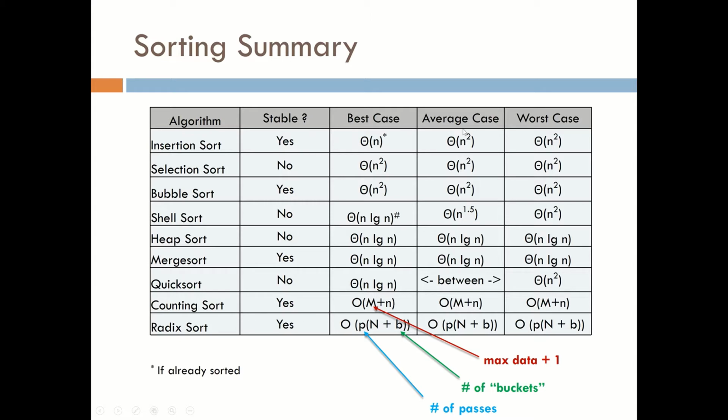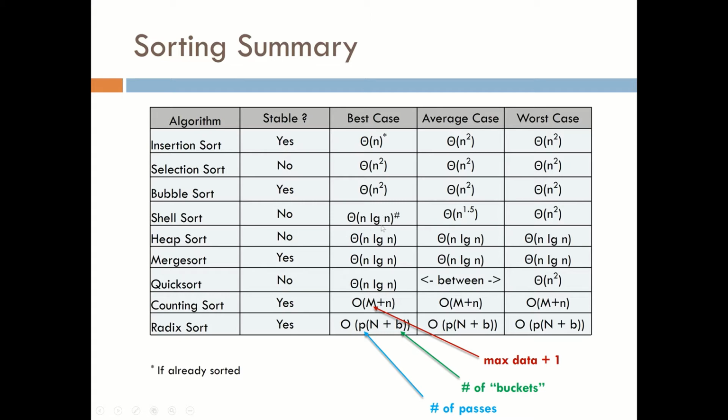Its average case requires that we move about half of the values around, and so on average, that will be an order n squared algorithm. So everything else is n squared as far as the n squared algorithms go. For shell sort, we basically said this is roughly n to the 1.5 in the average case.